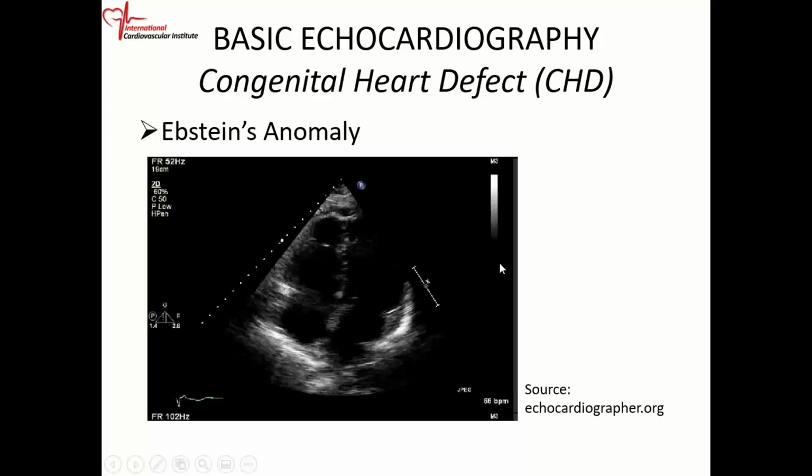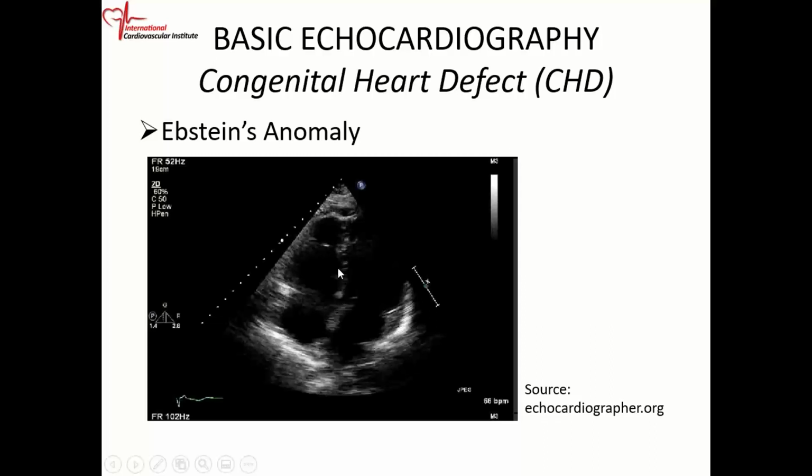So this is a case of Ebstein anomaly, and this is the tricuspid valve here. It's so low in the right ventricle, and this is the right ventricle right here, this little thing here. All of this is the atrium.